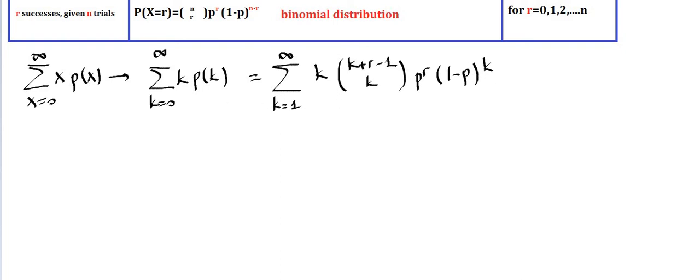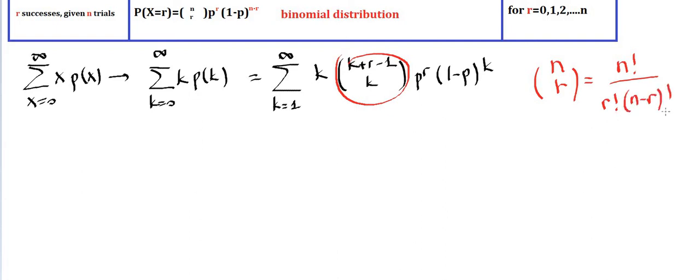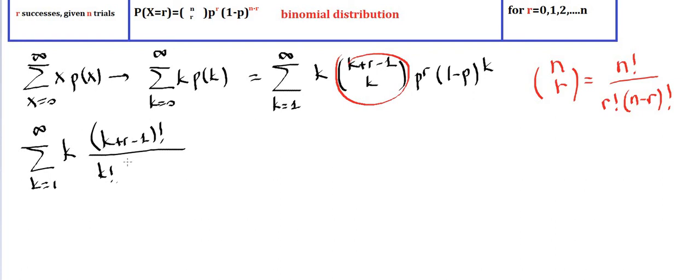Now we're going to use the definition of combination and expand this. If it was n choose r, by the definition of combination, it would be n factorial over r factorial times n minus r factorial. So in our case, it will be k plus r minus 1 factorial over k factorial times k plus r minus 1 minus k factorial.